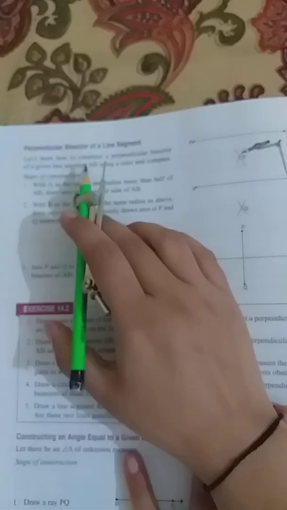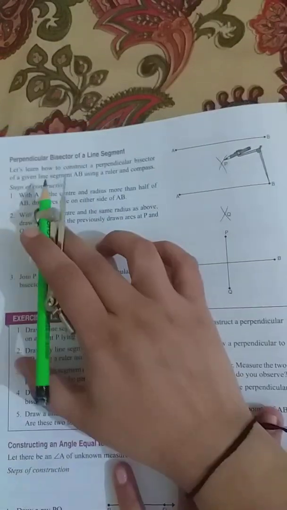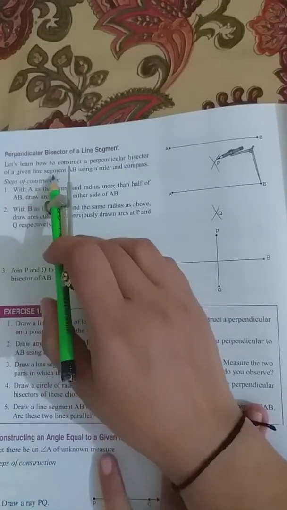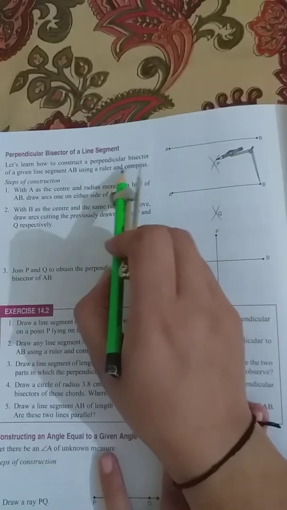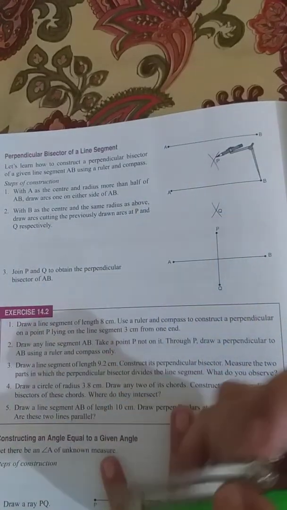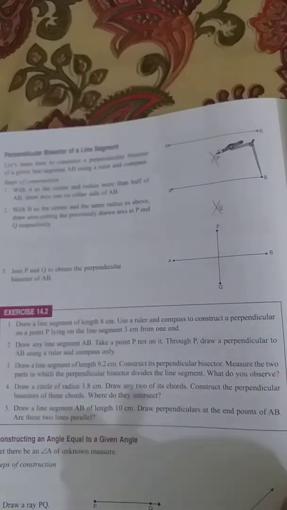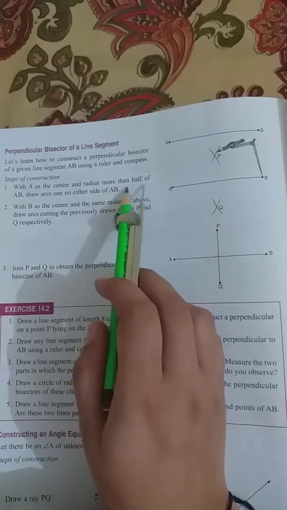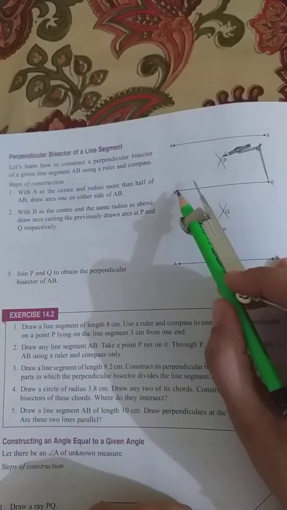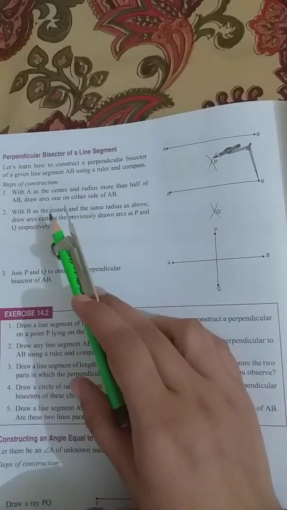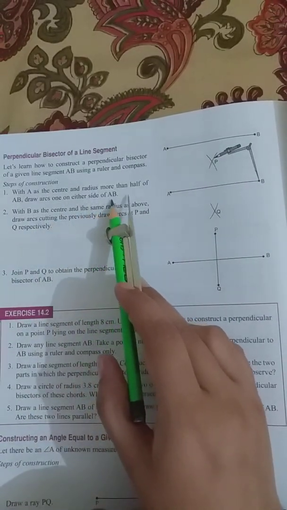Next one is the perpendicular bisector of a line segment. Let's learn how to construct a perpendicular bisector of a given line segment AB using a ruler and compass. We are given a line AB. Steps of construction: with A as a center and radius more than half of AB, draw an arc on either side of AB.